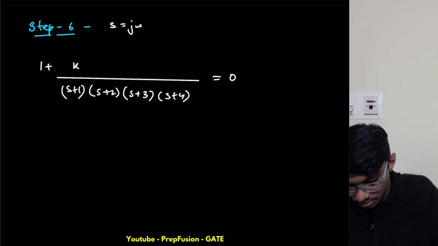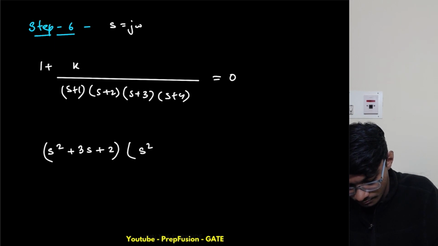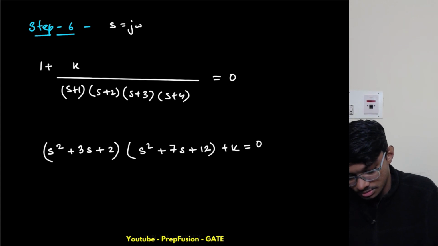So what you do is, this will be s square plus 3s plus 2, times s square plus 7s plus 12, plus k equals to 0.